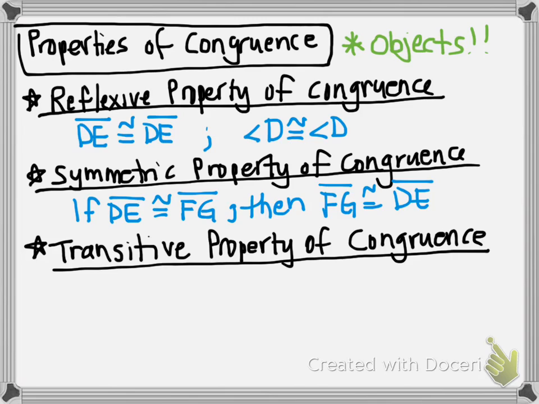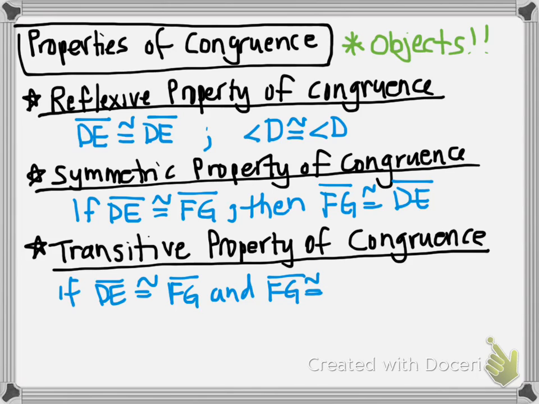And it says, and we have a couple versions of it, if segment DE is congruent to segment FG, and so we have two hypotheses that have to be true. Segment FG is congruent to segment JK. Then, because I have that overlap of segment FG, I can say segment DE is congruent to segment JK.